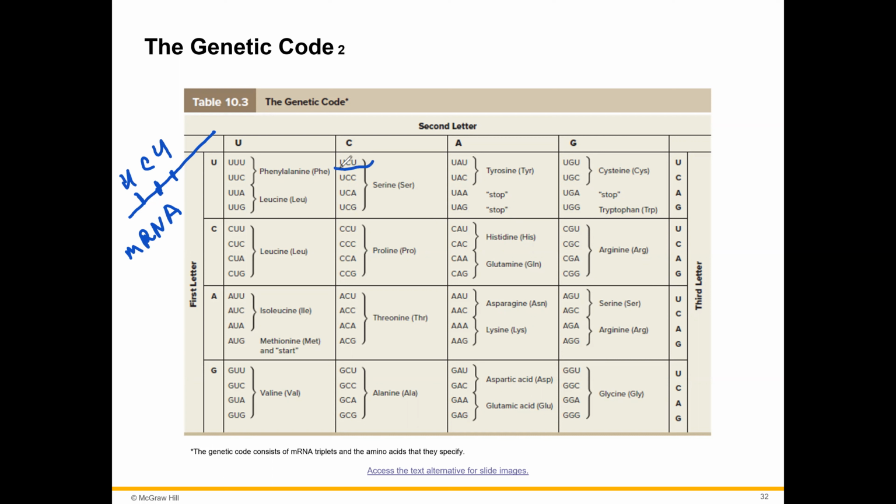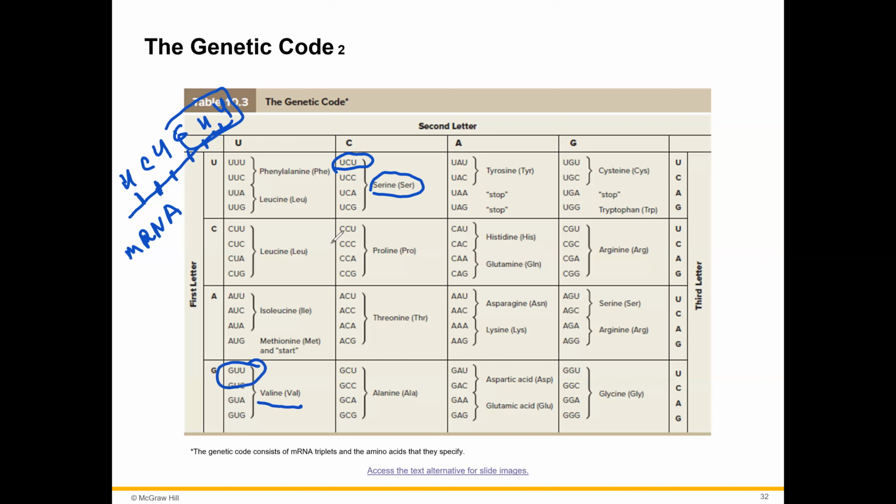They know that UCU is going to code for the amino acid serine. If you have, for example, GUU right here, that codes for valine.